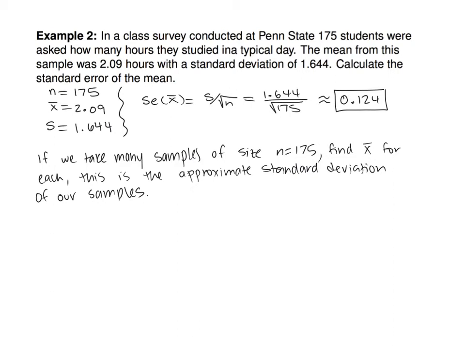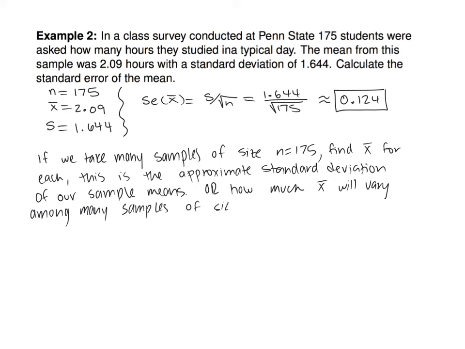That's probably a little bit better. As in, this is how much x bar will vary among many samples of size n equals 175. And recall from chapter 9 that as the size increased, the variability of the mean decreased. Those curves got more and more centered around the true mean.